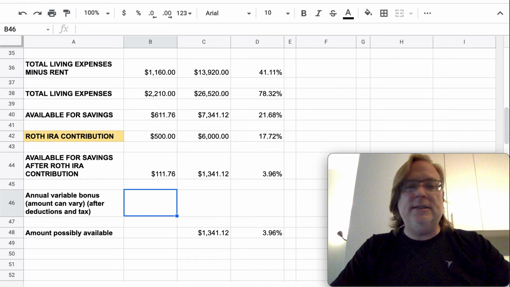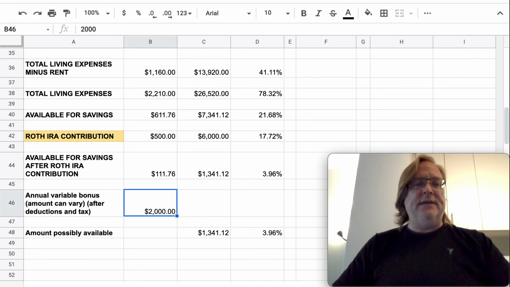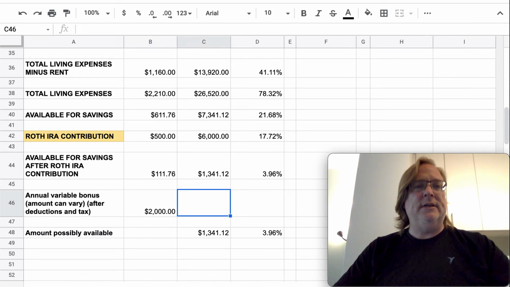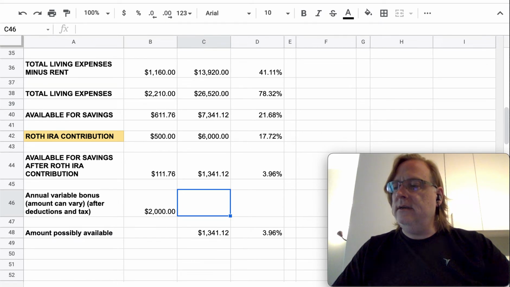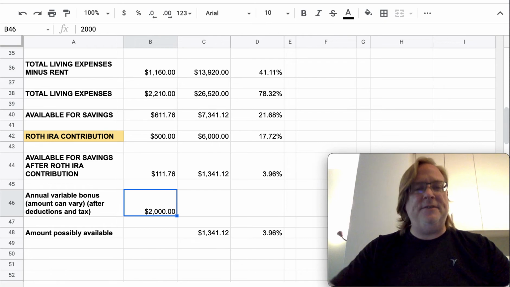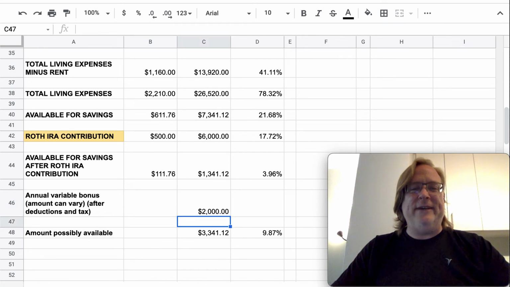So here, let's say that maybe a person receives $2,000 in annual variable bonus. So then, oh, whoops, wrong field, not monthly, not 2000 monthly, 2000 annual. There we go.